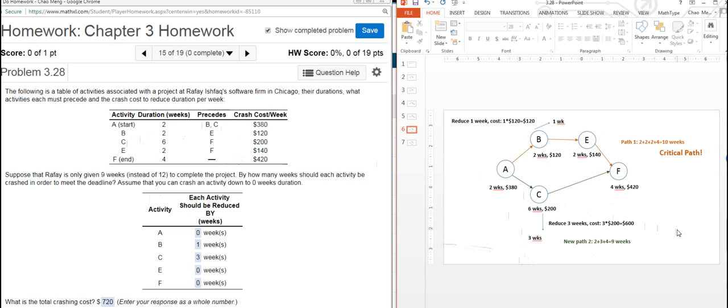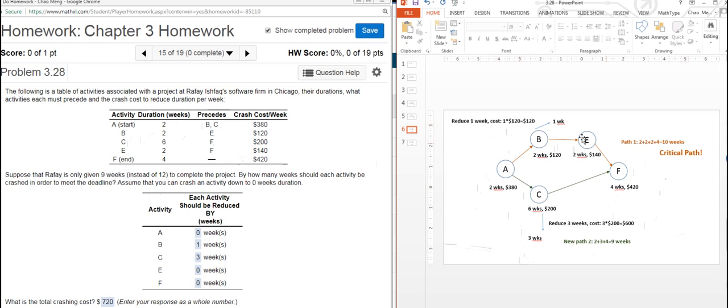But wait, we are not done yet. If we look at the first path, it is 10 weeks. We have to reduce 1 week from the first path. Still, the problem is which activity should we crash? Of course, we need to choose the cheapest one, which is activity B. So we reduce 1 week from activity B. The cost is 1 week times 120, which is $120 for this modification.